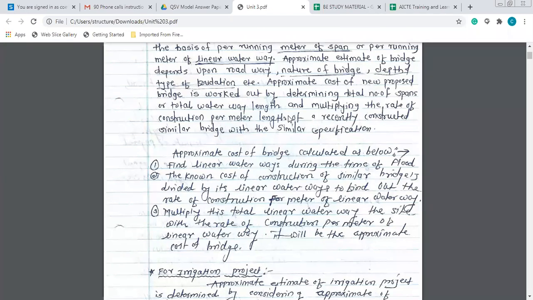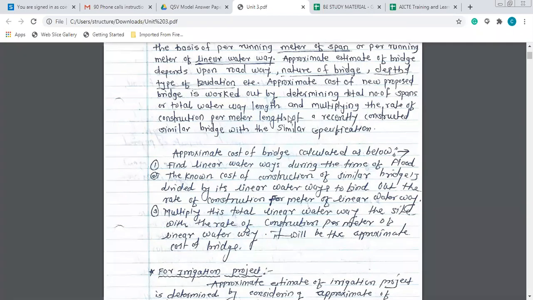A bridge is having a length of 200 meters. I will elaborate with the example. For this 200 meter long bridge, am I going to cast the whole concrete in one span? No, I will cast the concrete which is required for the slabs. Definitely bridges have deck slabs, so I am going to cast it in some of the spans.